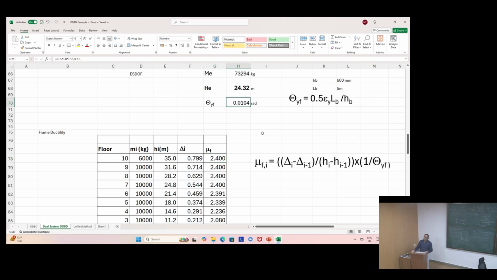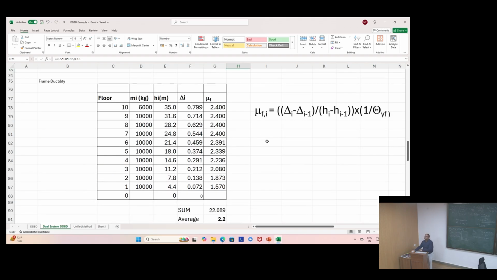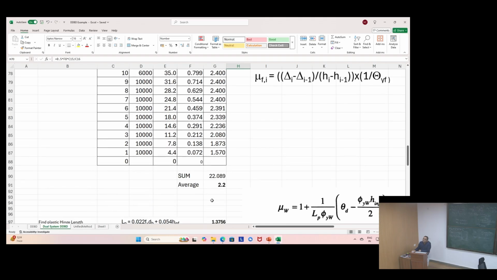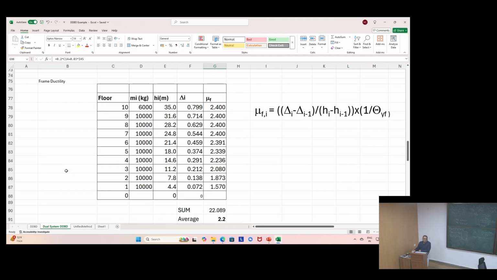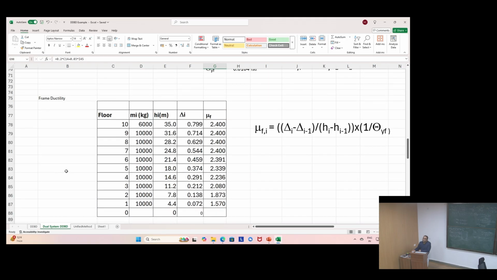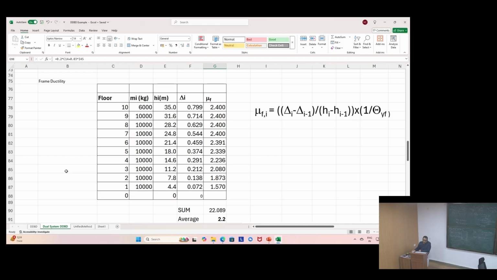And you'll get theta YF of 0.0104 radian. Got it?